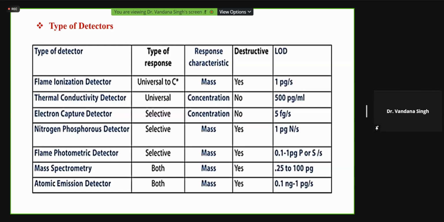And before this calculation, the peaks that we are getting in the GC system should be edited. There might be several artifacts. Always the signal or chromatogram we get from the GC is not ideal.